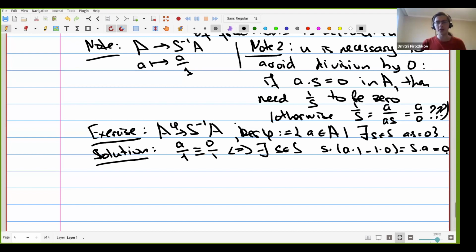This is the definition of the equivalence relation, and this gives you the kernel.